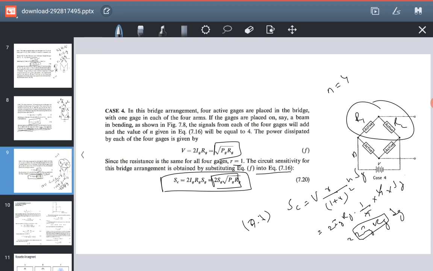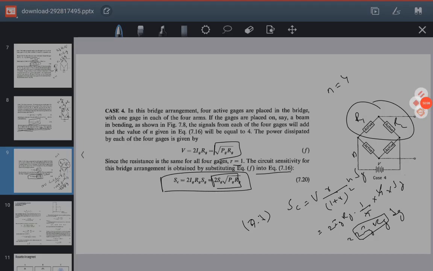This is how the 4 cases of the Wheatstone bridge are done. These are all the equations for sensitivities in each case.